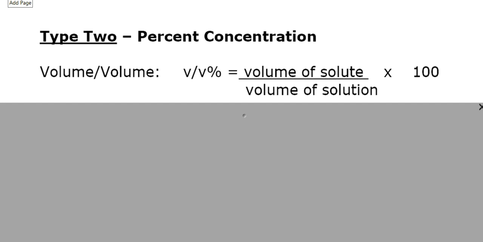All right, now let's take a look at another type of calculation for concentration. This one is percent concentration. Where do you see percent concentration being used? This is common in intravenous medication.